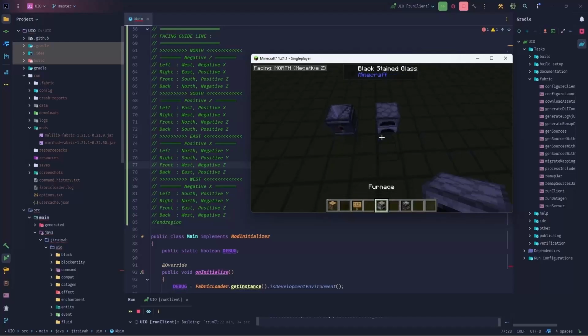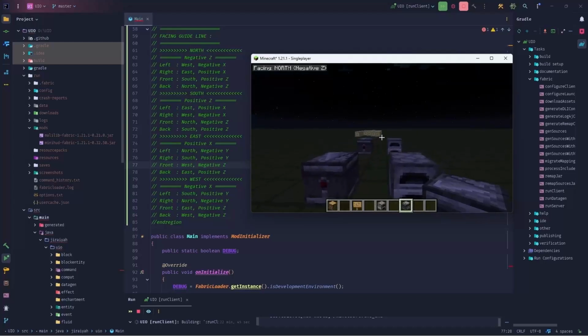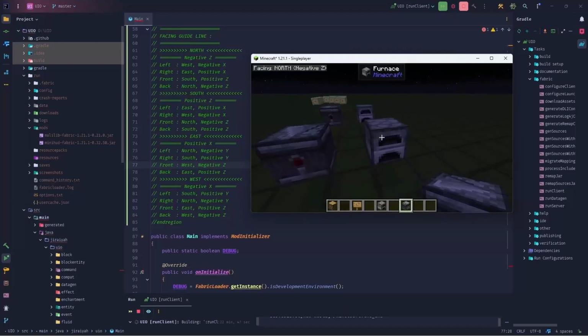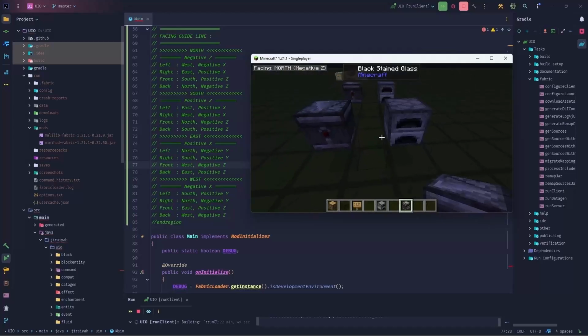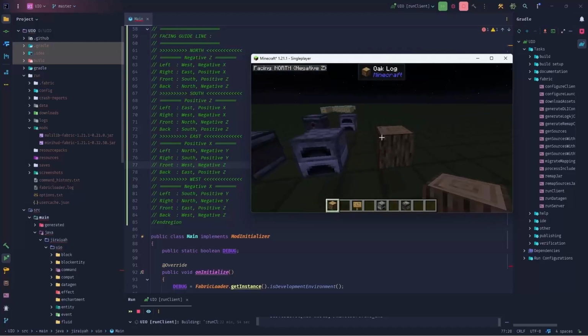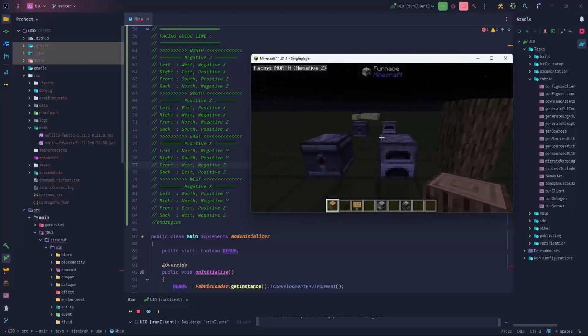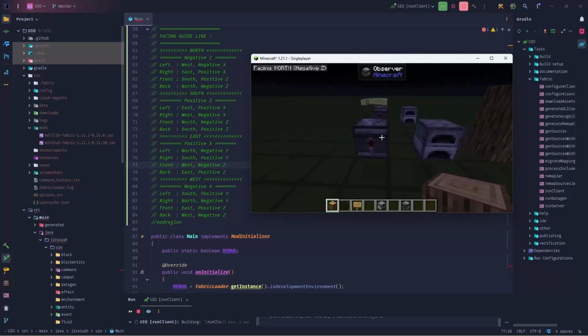Remember, we were putting both of them when we were facing north, okay? And the player is facing north. However, the furnace is facing south, the observer is facing north, and now this block is on the left side of the furnace and is on the right side of the observer.